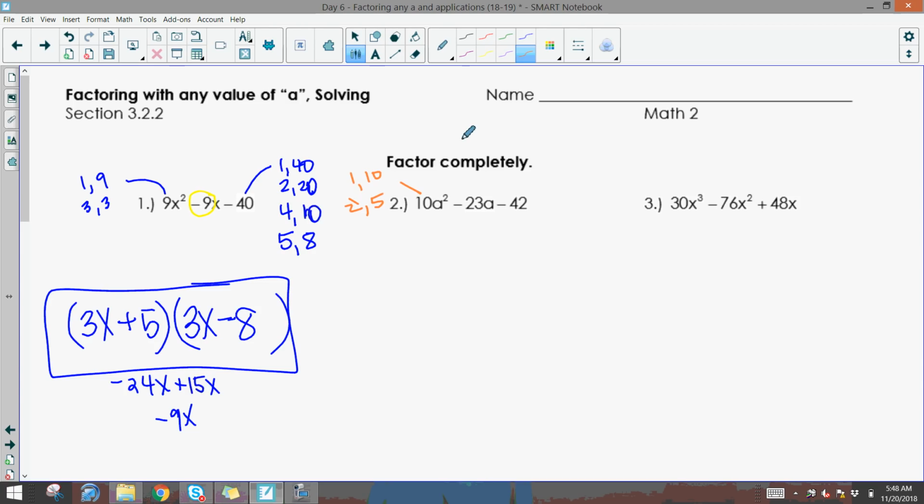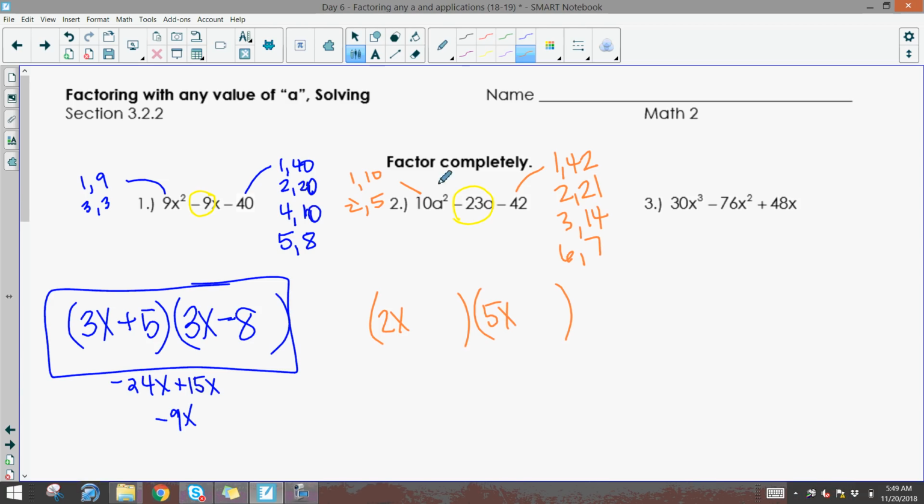Factors of 42 are 1 and 42, 2 and 21, 3 and 14, 4 doesn't work, 5 doesn't work, and then 6 and 7. Okay, so again, we're going to set up our two sets of parentheses. We're trying to get to a -23. Okay, so to get my 10a squared, I'm going to start with 2x and 5x.